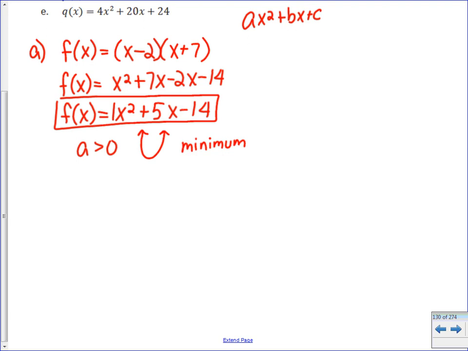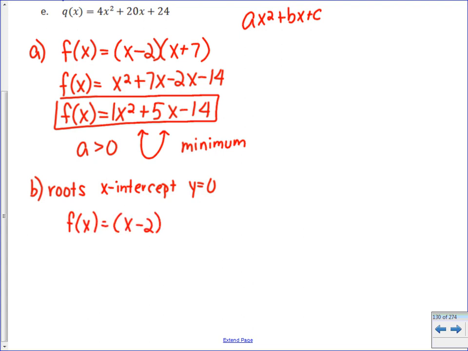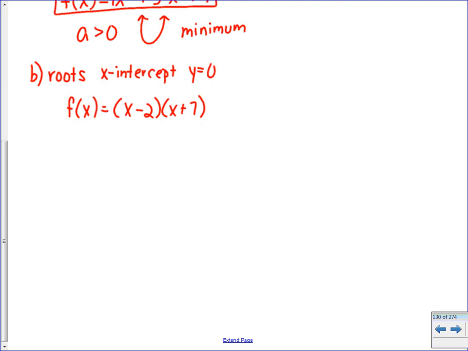The next thing I would like to find is the roots, or your x-intercepts. Whenever you have an x-intercept, we know that y is equal to 0. So I'm going to take my factored form, because it's already halfway done for me, and I am going to set y equal to 0. So 0 is equal to (x minus 2)(x plus 7).